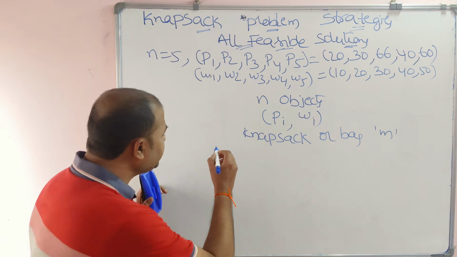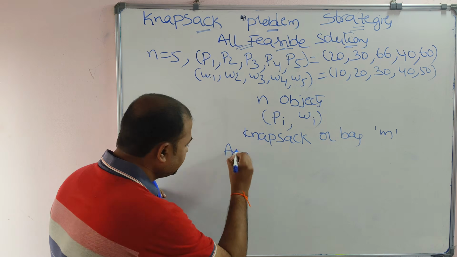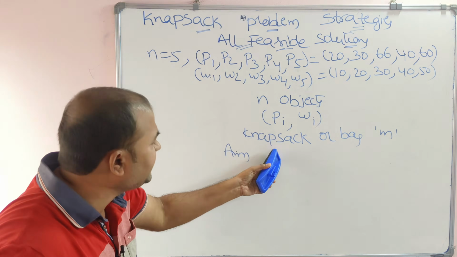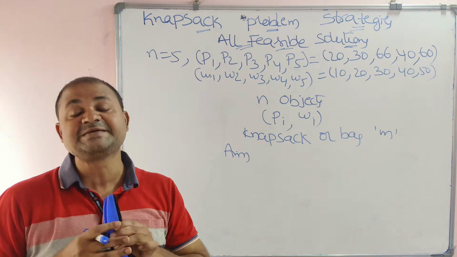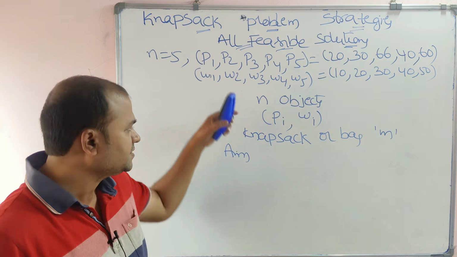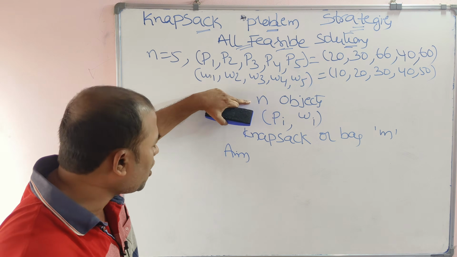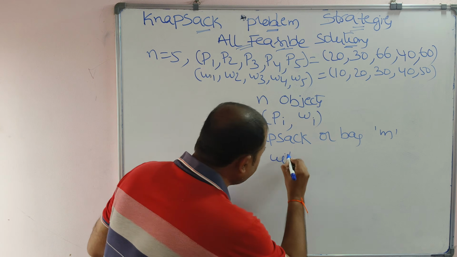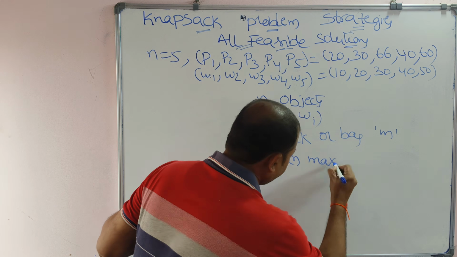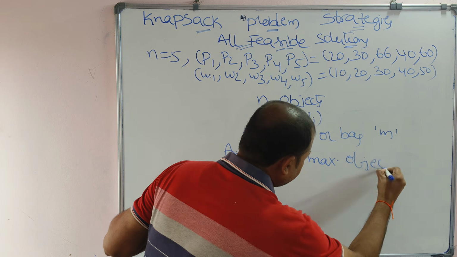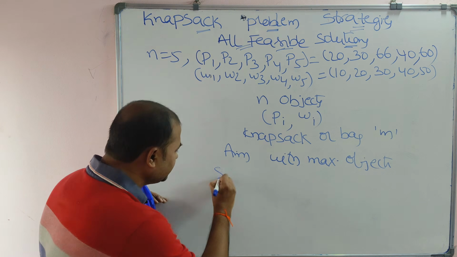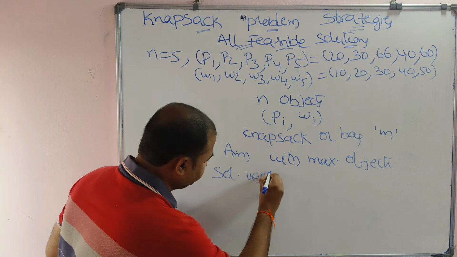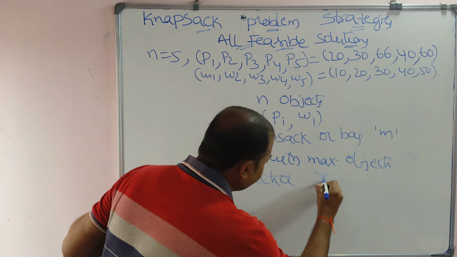Here our major aim is to fill the knapsack with maximum profit. So we have to place the objects in the knapsack with maximum profit. Here the knapsack solution vector is denoted by xi.